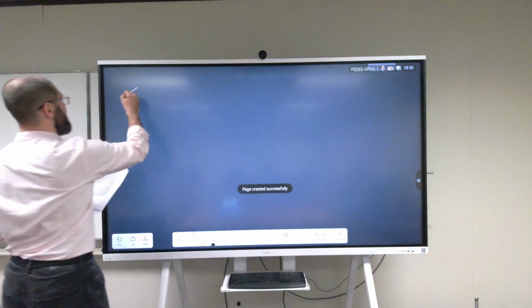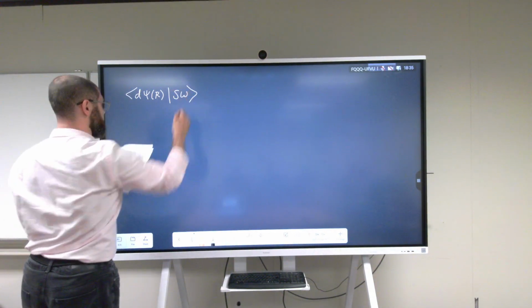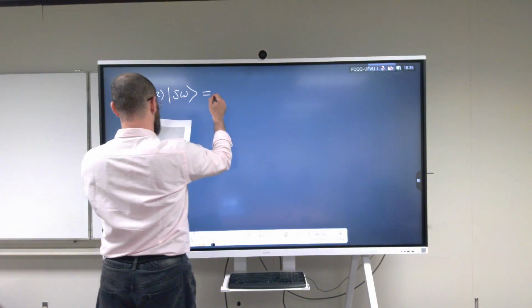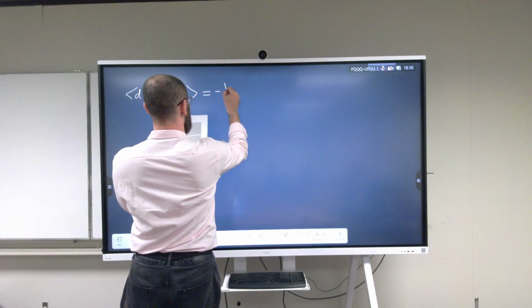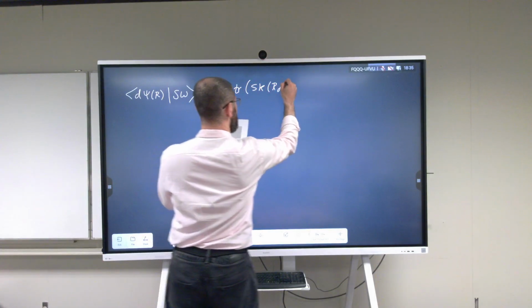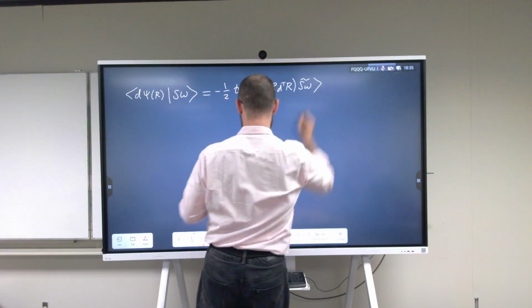So now we've shown that d psi of R with any delta omega is simply equivalent to minus half trace of the skew-symmetric part of R_d transpose R with that guy.